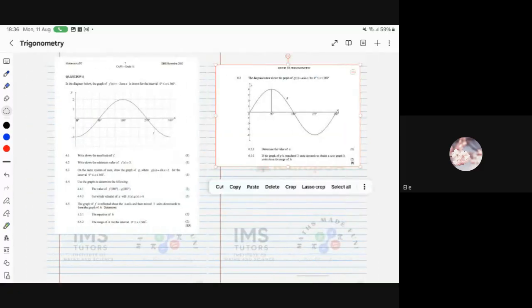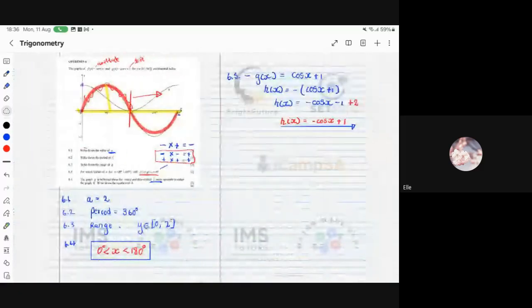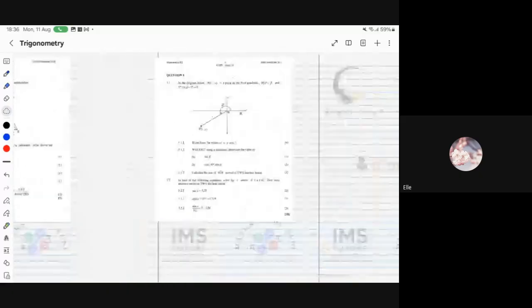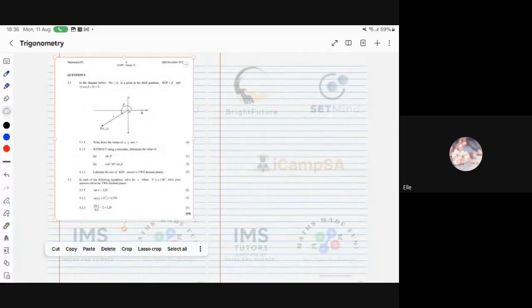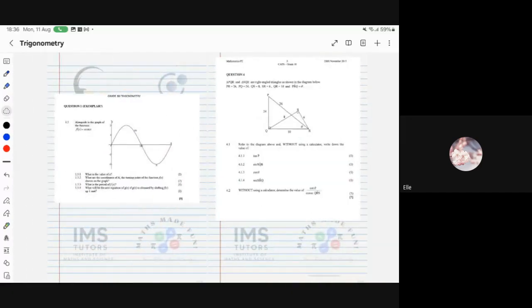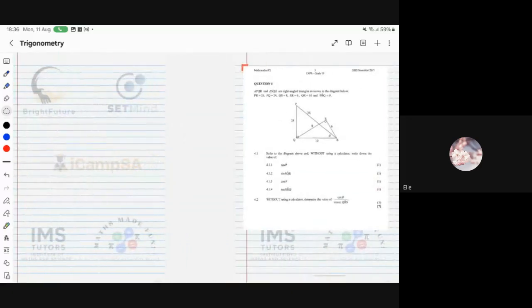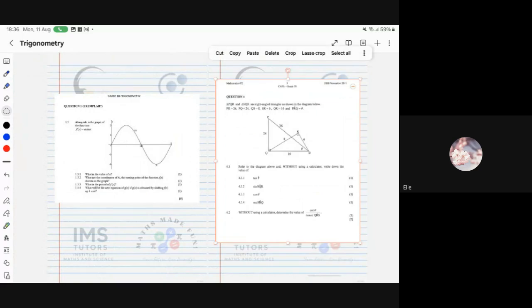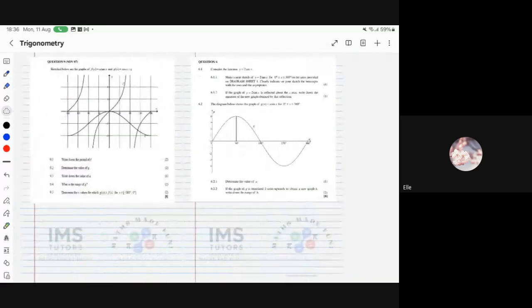Today, guys, we'll be doing a revision for trigonometry, grade 10. We have touched on trigonometry. We have done trigonometric functions.